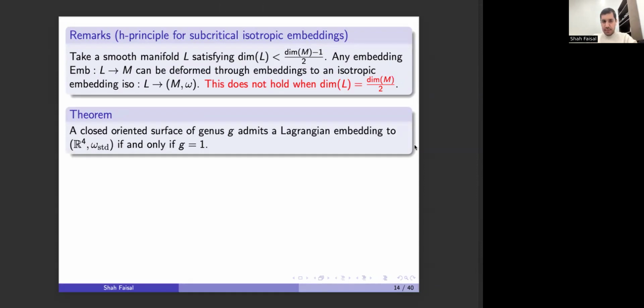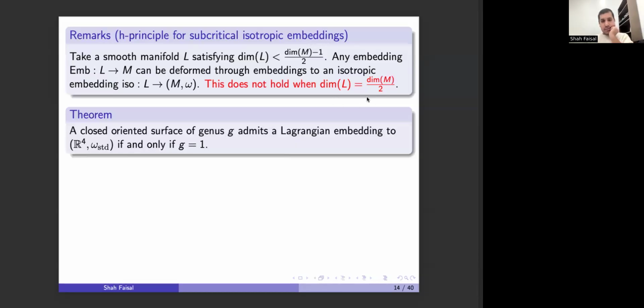If you take R4 with the standard symplectic structure, then the only oriented closed surface that you can embed Lagrangianly is the torus. You cannot do it for the sphere or any other surface. But you can build isotropic embeddings, subcritical isotropic embeddings.